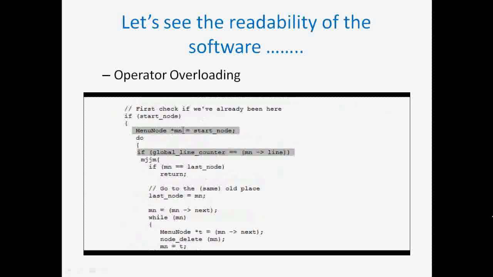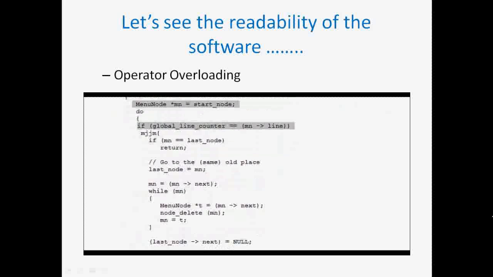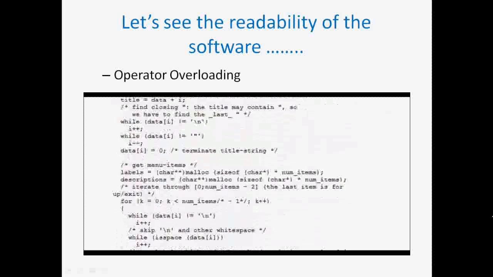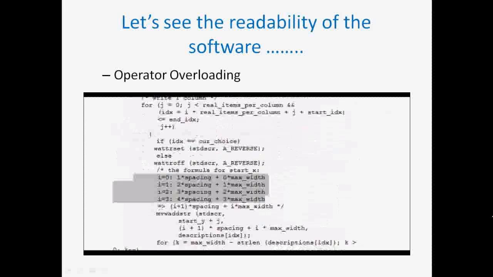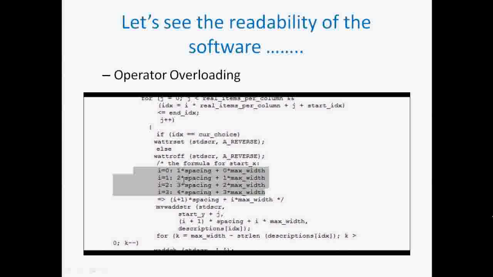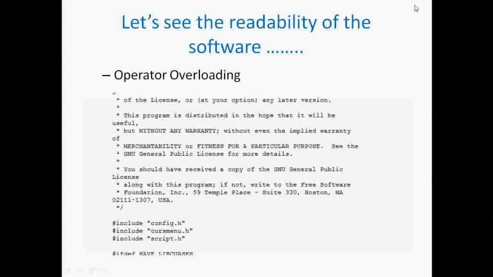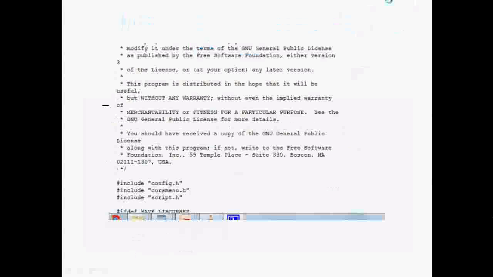Asterisk sign is used for pointers and for multiplication. Using the same operator for many operations makes the readers of the code confused. This decreases the readability.